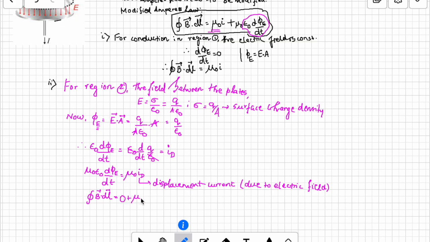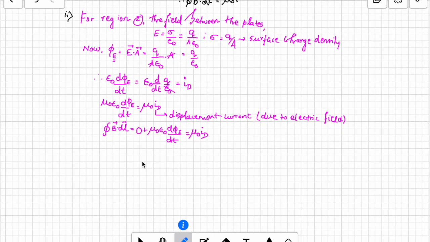So we can just write it down as mu naught epsilon naught d phi E by dt. So this one we can actually write down as mu naught into I d. So in that way we can actually have the modified Ampere's law.